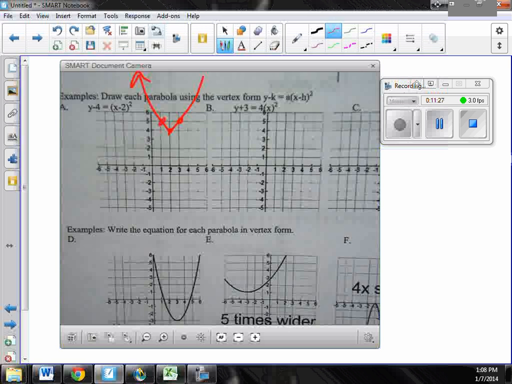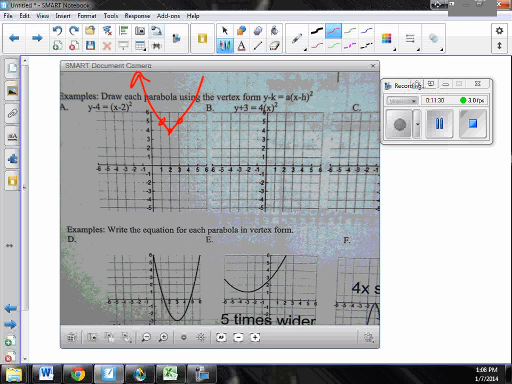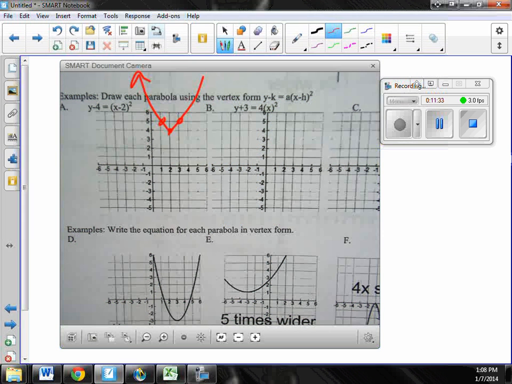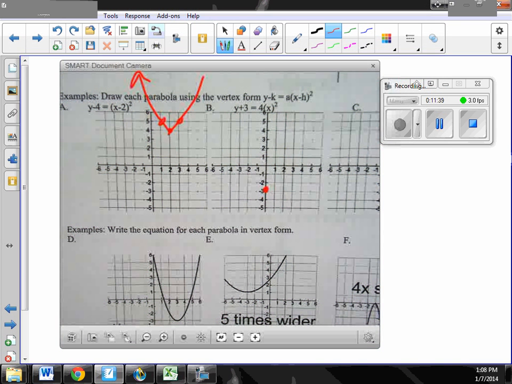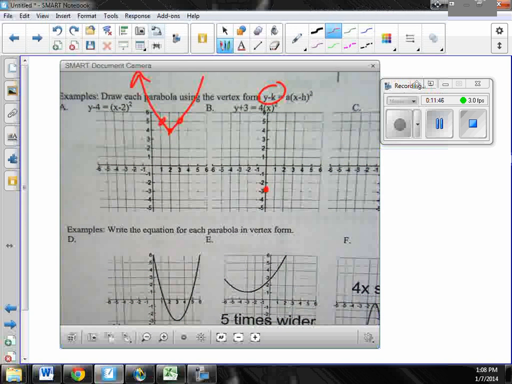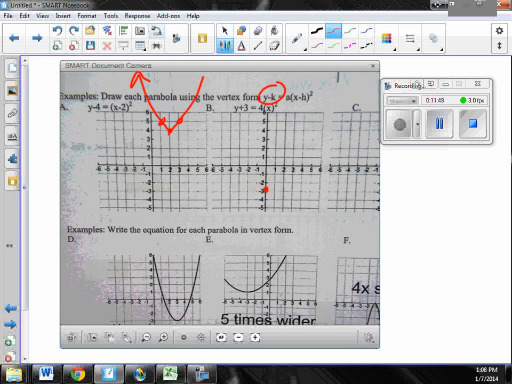Okay? Where's the vertex for B? 0, -3, opening up or down? Well, the formula is y minus k, so it's the opposite of k. So it's opening up, and it's 4 times higher than it would be normally.